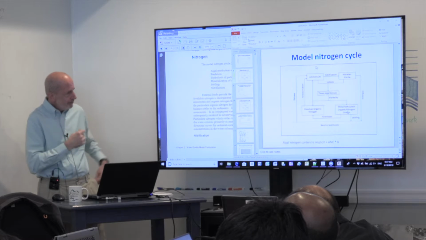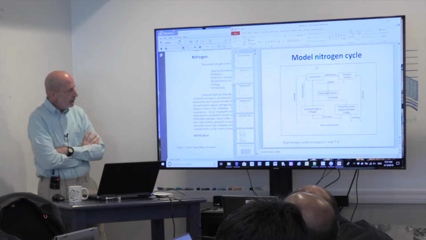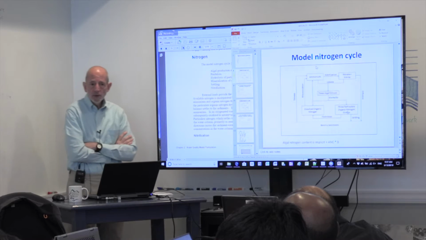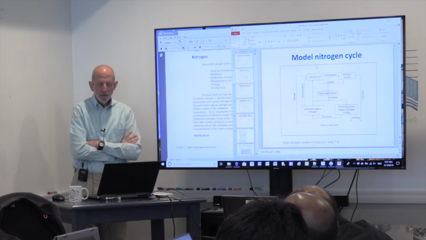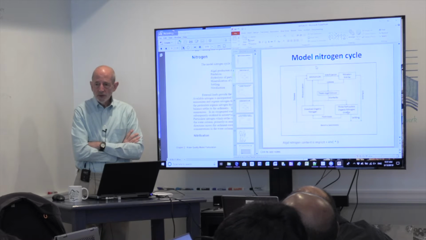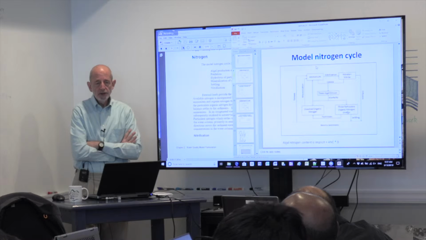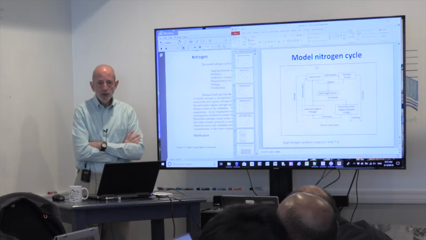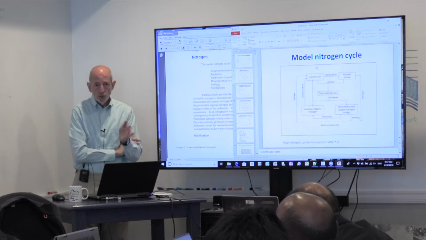I'll mention that earlier versions of ICM only included in the water column labile and refractory. And when we took that refractory material and deposited it in the sediment, we split it into G2 and G3.